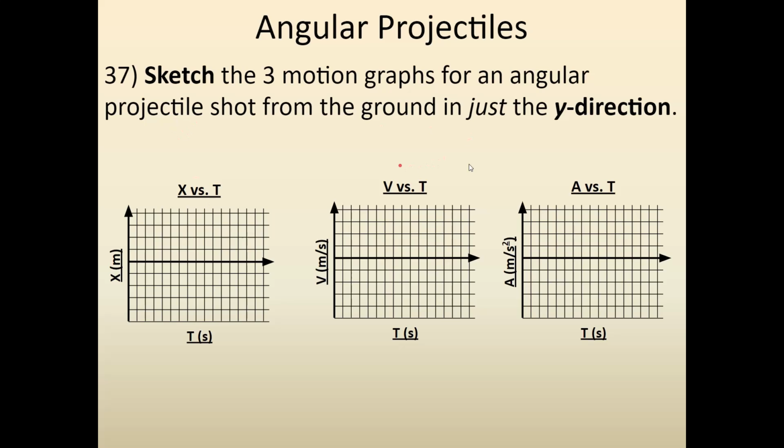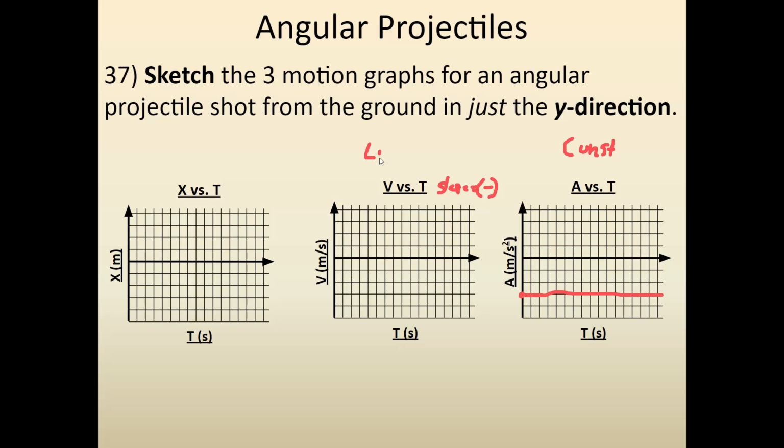Okay. Once again, this is going to be a constant graph, but this time there is an acceleration in the y direction. So this is going to be constant at negative because the acceleration is always negative 10. So straight constant line here. Because this is a constant negative graph, this has a slope that is constant and negative.